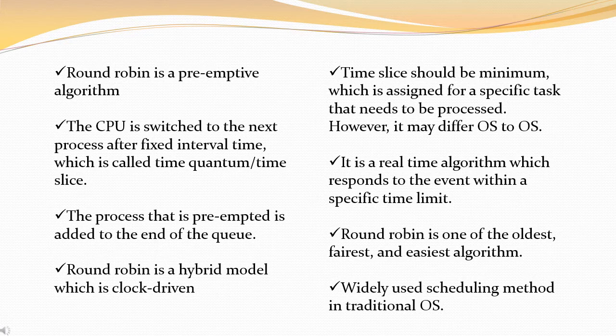The time slice should be minimum, assigned for a specific task that needs to be processed. However, it may differ from OS to OS. It is a real time algorithm which responds to the event within a specific time limit. Round robin is one of the oldest, fairest, and easiest widely used scheduling methods in traditional operating systems.